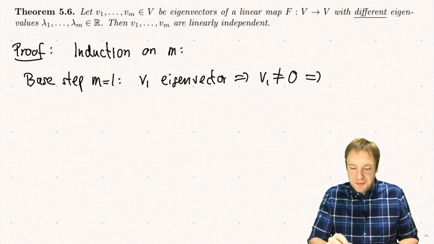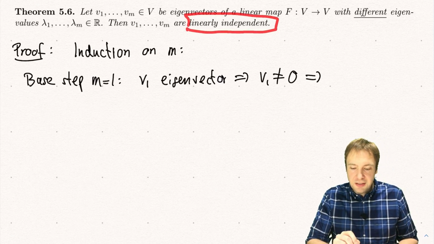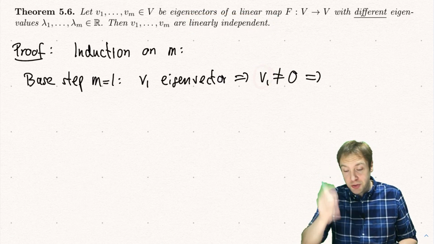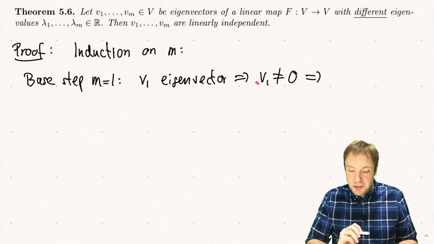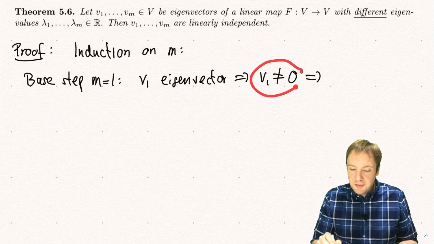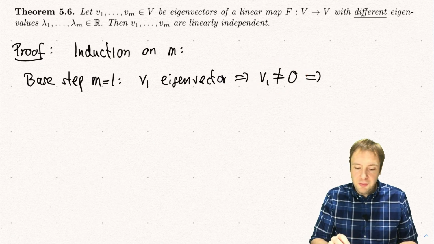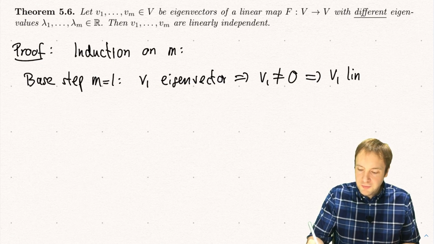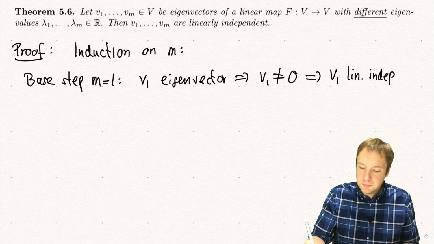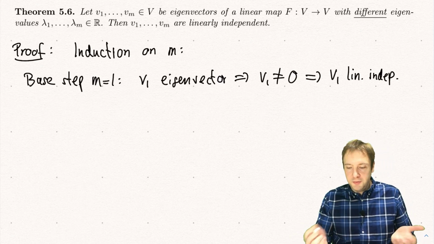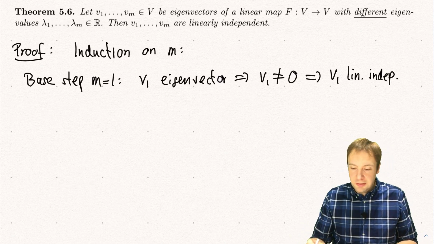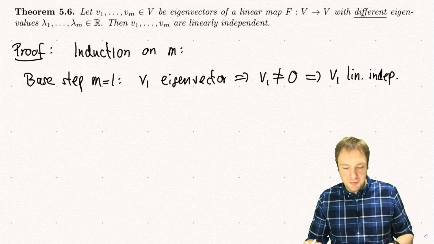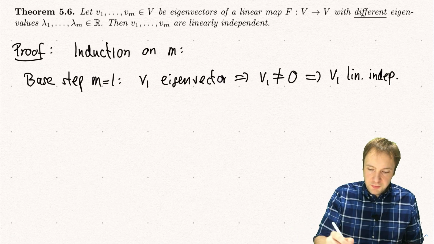The definition of linearly independent means if I have a linear combination of this vector which is 0, then the coefficient needs to be 0. But this is the case because this vector is not the 0 vector, and therefore this vector is linearly independent. Because the 0 vector is the only vector which is linearly dependent, because I can multiply it with any number and get 0. Okay, so this is the base step.